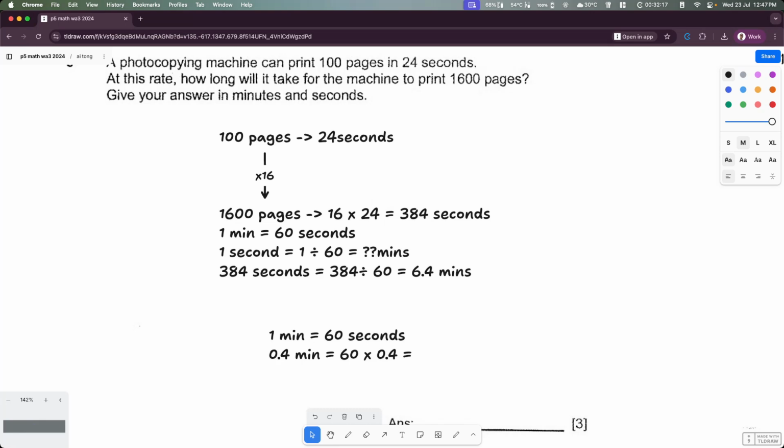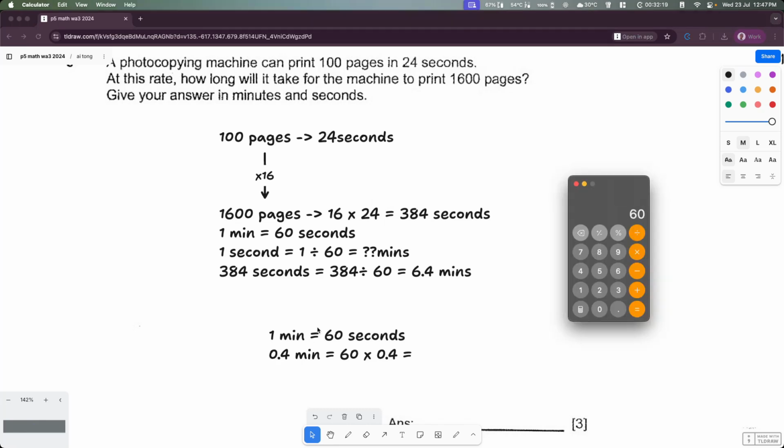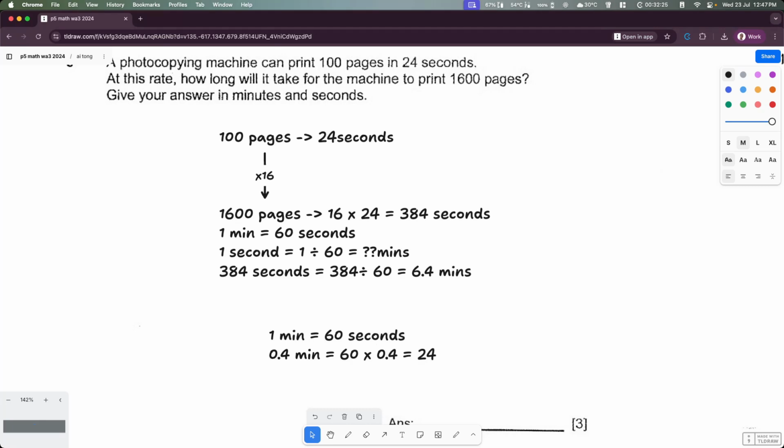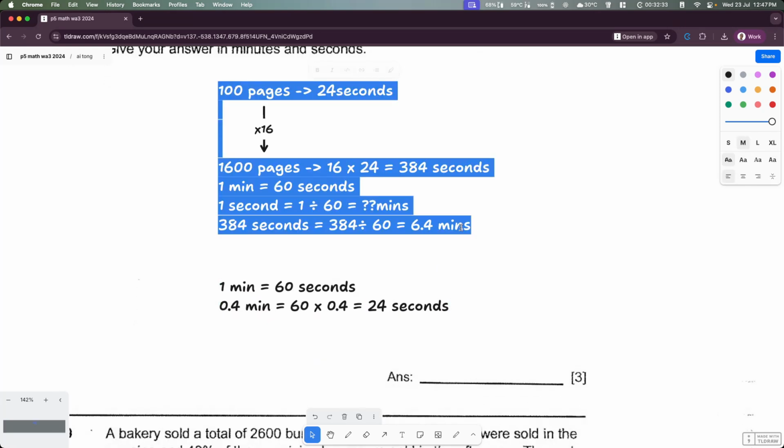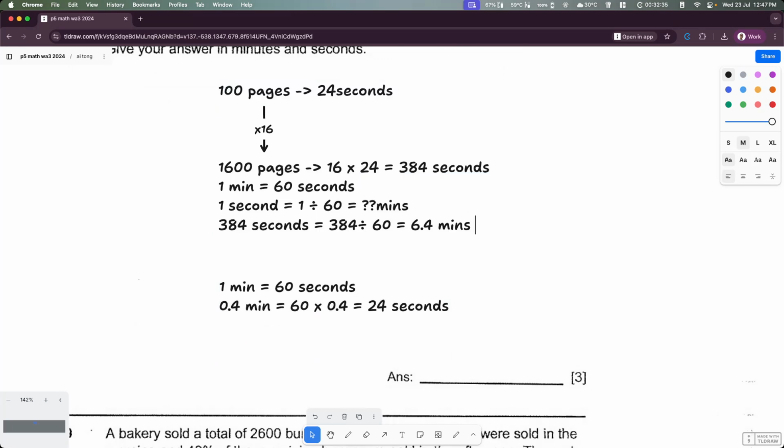So you have 60 times 0.4, and this is actually 24 seconds. Therefore, 6.4 minutes is equal to 6 minutes and 24 seconds, in this case over here.